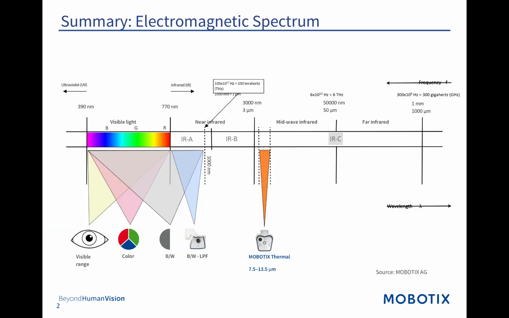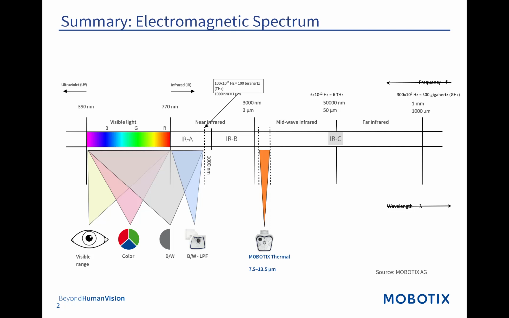So, talking about the thermal camera and what we want to do here, let's get started with a first glance at the electromagnetic spectrum. Of course, with a thermal camera, we are working in a different wavelength than with optical cameras. With optical cameras, we normally use the spectrum between 390 nanometers and 770 nanometers.